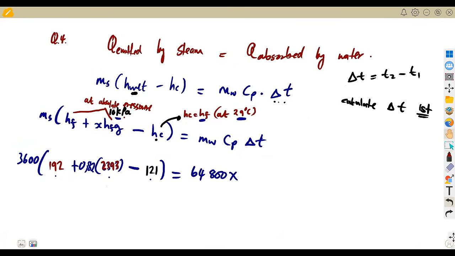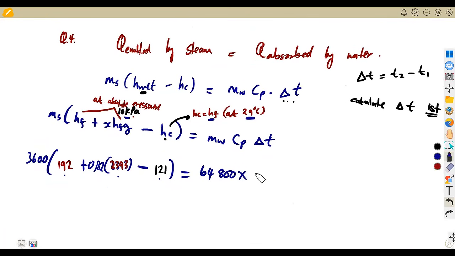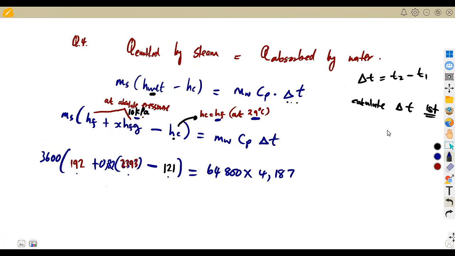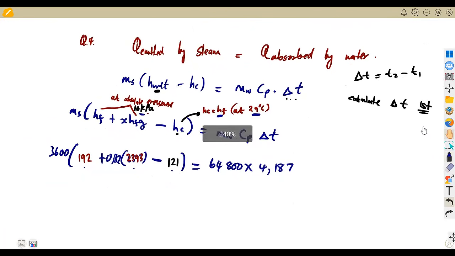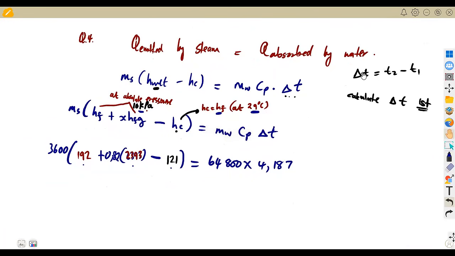So that's 4.187. And like I said, we are going to calculate the change in temperature first. By calculating the change in temperature, it means we have T2 from there. So we are just going to leave this as it is, or you can write it as T2 minus T1. You substitute T1 because you're given, but here I'm just going to avoid that. I'm going to calculate the change in temperature directly.